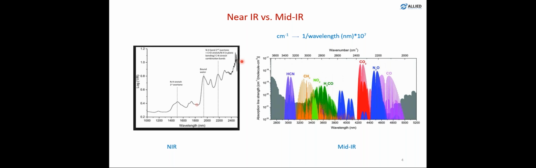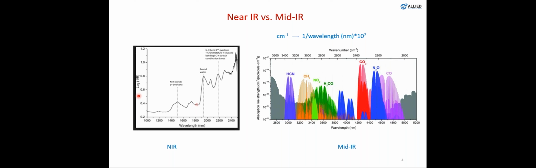As a comparison, here is the NIR-IR spectra, which is a mixture of overtones and combination bands, and they're not as intense and it's complicated. They're wide bands and they're overlapped, so you need to analyze this to get useful information out of it.